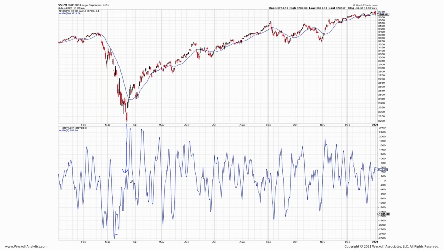So that tells you what we are in effect looking for. You can even see a divergence here beginning of May to mid-May. Notice lower low in the index early May to mid-May, and then this indicator is making a higher low. So this is just great trading characteristics. So I'll leave it at that.